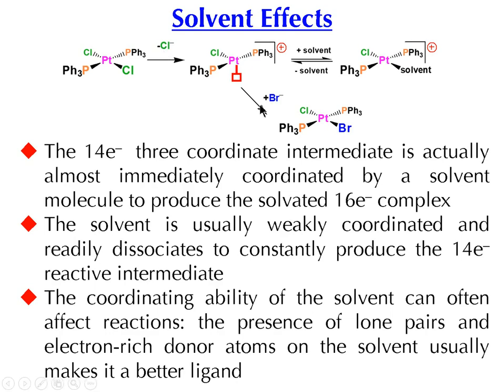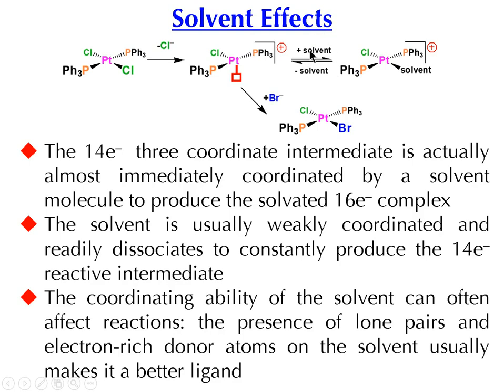In organometallic chemistry, we always use solvents, and the solvents are in general Lewis base solvents. That means they can be coordinated to the complex. So we have another pathway.